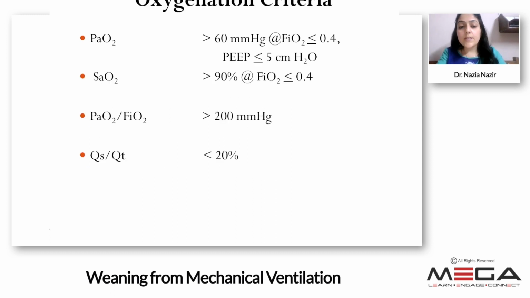In the oxygenation criteria, the patient should have a partial pressure of oxygen of more than 60 mmHg at FiO2 of 0.4, maintaining a saturation of more than 90% with 0.4 FiO2, a PF ratio of at least 200, and a shunt fraction of less than 20.